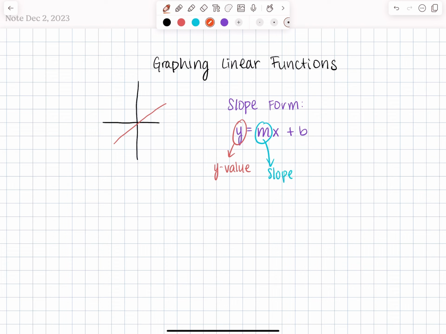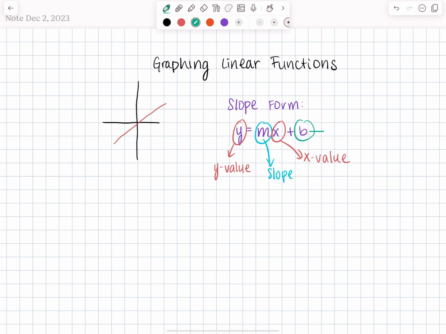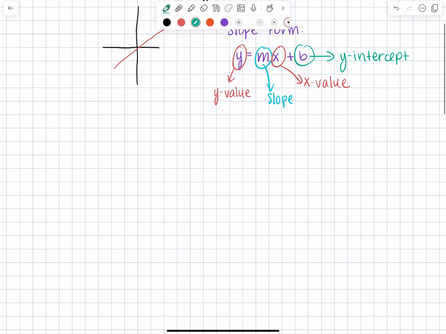X is the x value. And finally, the b value is the y-intercept.